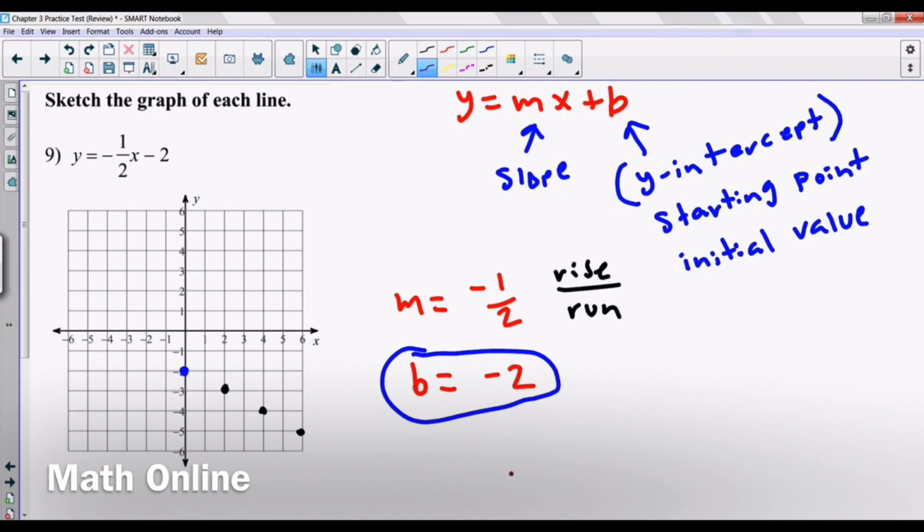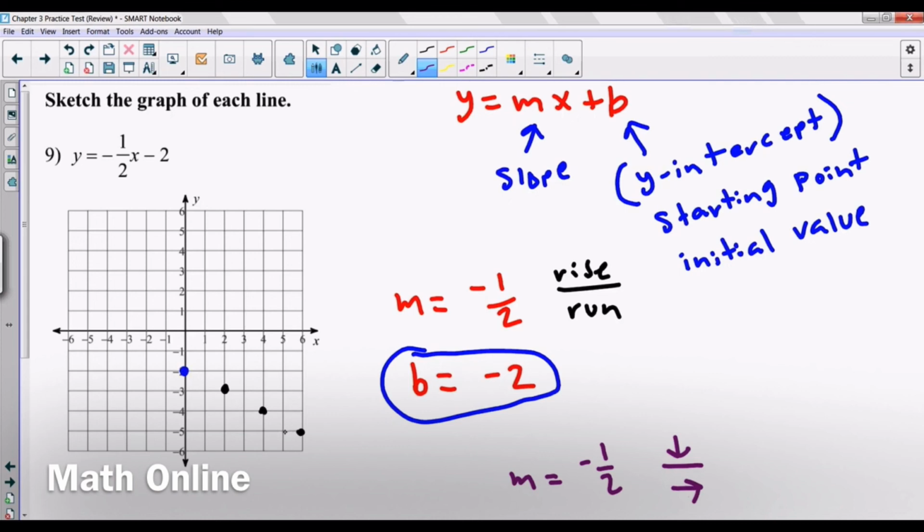In our slope, m equals negative 1/2. The pattern was we're going down because the number is negative, and over, we're running twice to the right because the number is positive. Now, if you wanted to create more points, notice how we ran out of space.